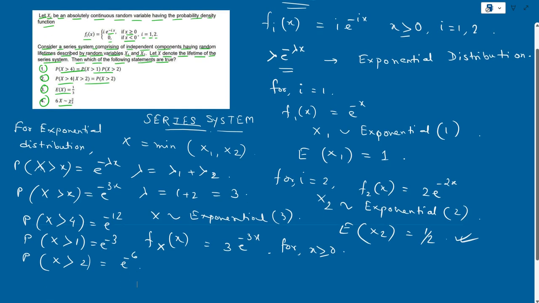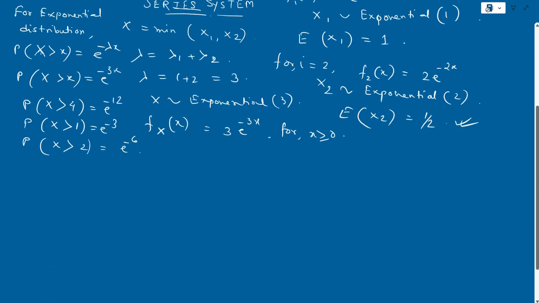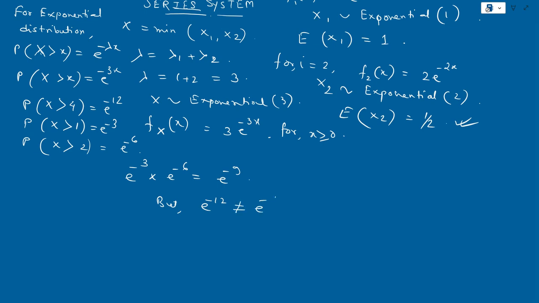Multiplying gives e to the power minus 9, but e to the power minus 12 is not equal to e to the power minus 9. Therefore, option 1 is false.